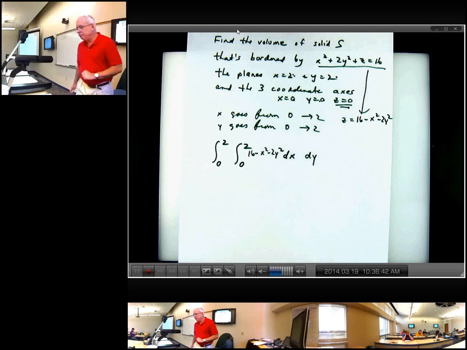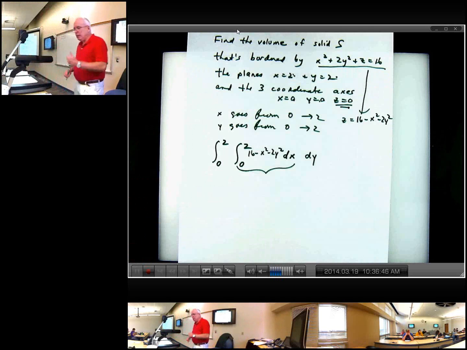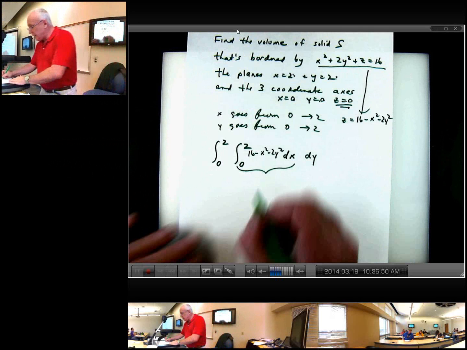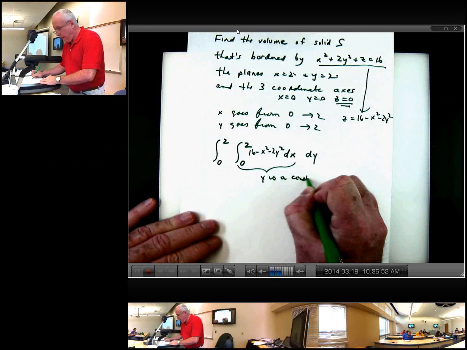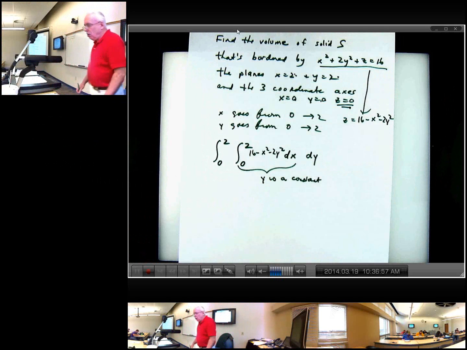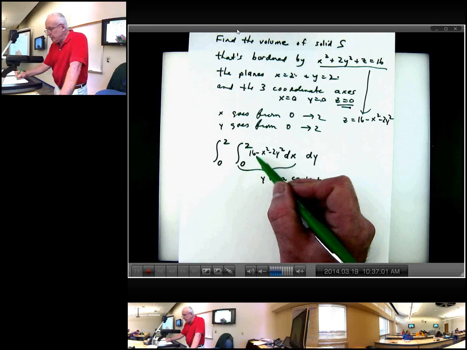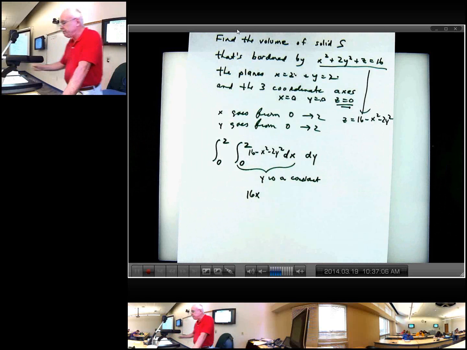So here we've got our inner integral. In this case, it's with respect to x, so I'm treating y like a constant. Go term by term. The antiderivative of 16 with respect to x is 16x.